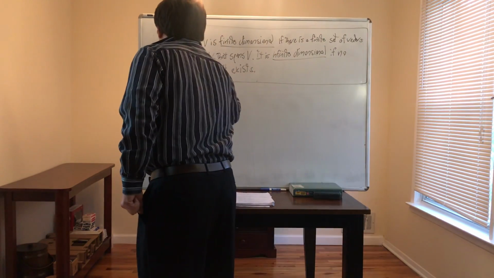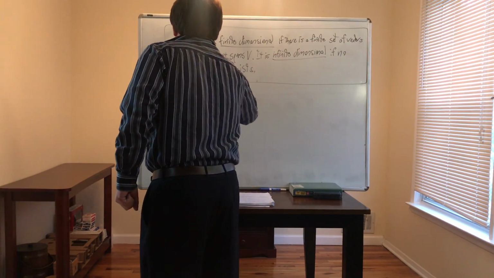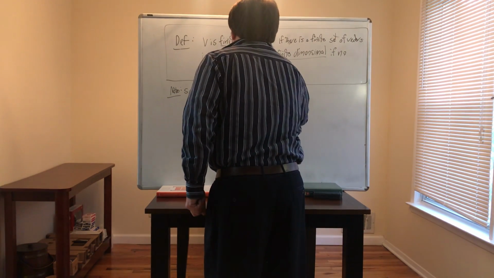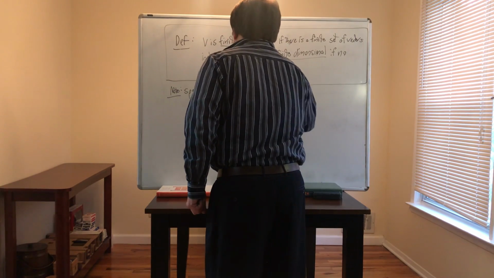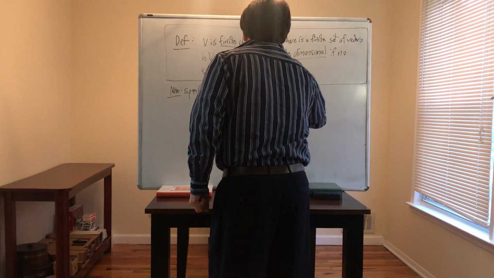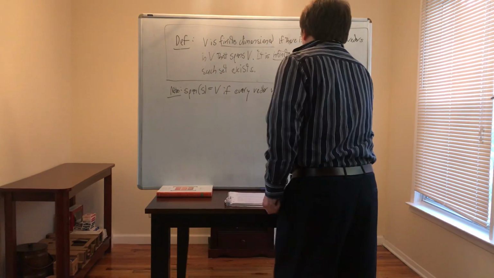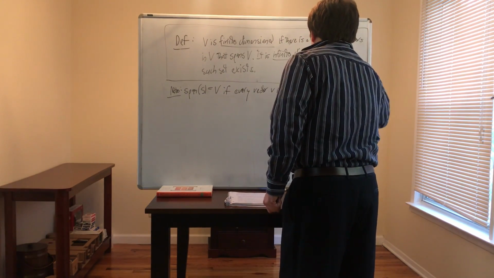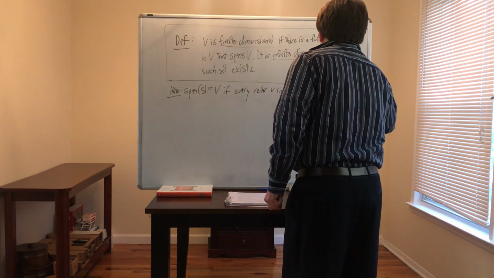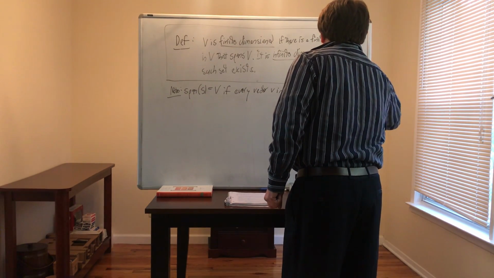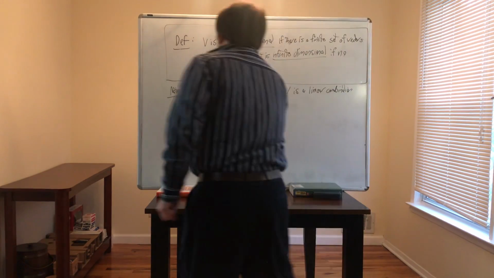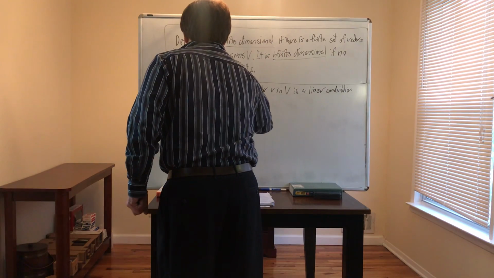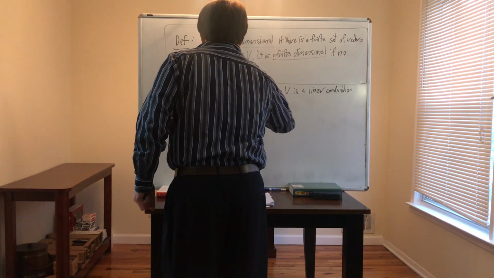So note, the span of S equals V if, this is a reminder, every vector little v in vector space capital V is a linear combination of the vectors in set S. Right?